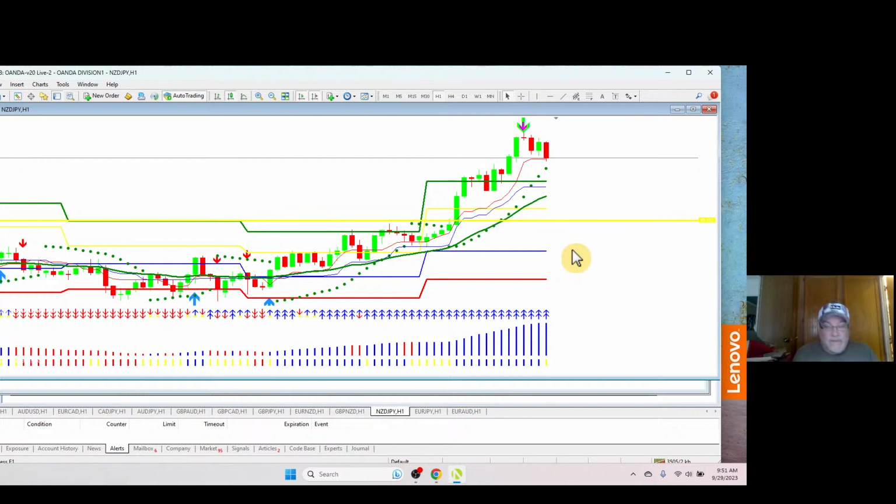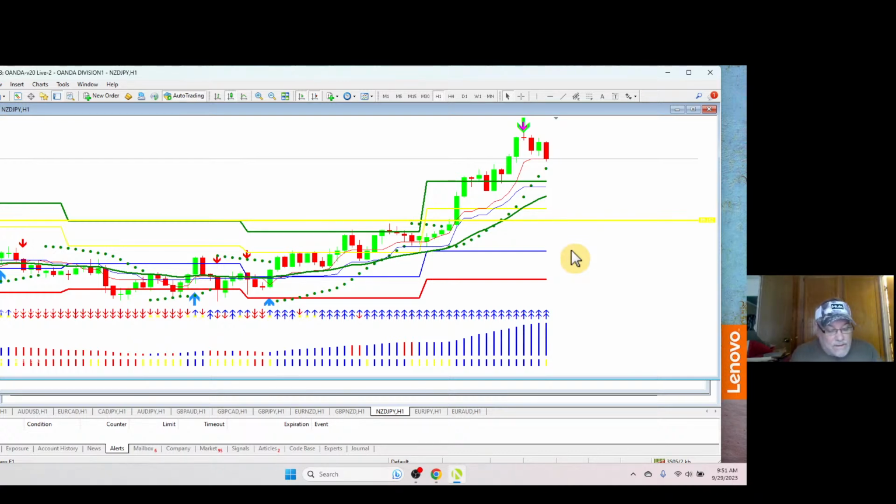So if it gets to 77, I'm moving the stop to break even. I can't lose anything on that. 77 will be my profit target. I'm at break even on New Zealand yen. Can't lose nothing on that.